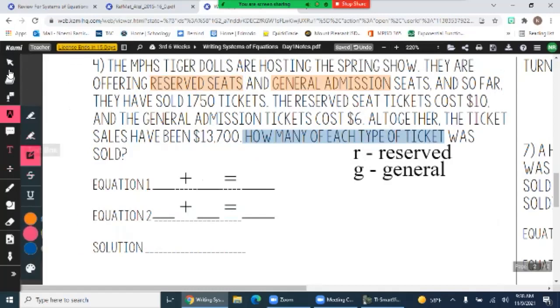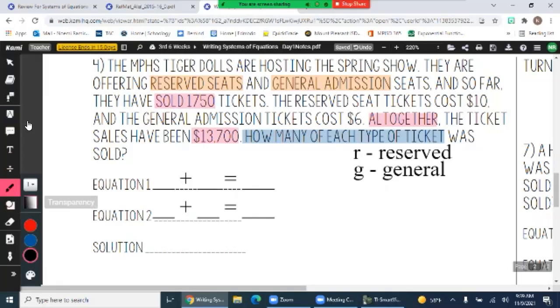Now let's find the totals. Now notice it says the general admission tickets cost $6. That's not something that actually hints at it being the total. Altogether is a word that represents a total, and the total was 13,700. And so far they have sold 1,750 tickets. So there's my totals. So that's what I'm going to use.